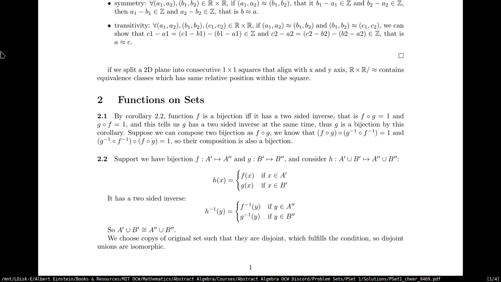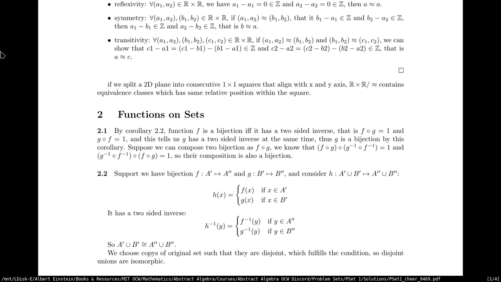So that means g circ f is injective, and you similarly prove the surjectivity, and thus it's a bijection. But yeah, the second problem is pretty much the easiest one.